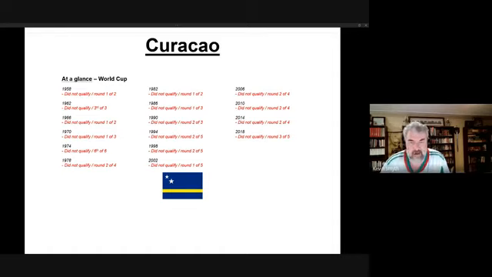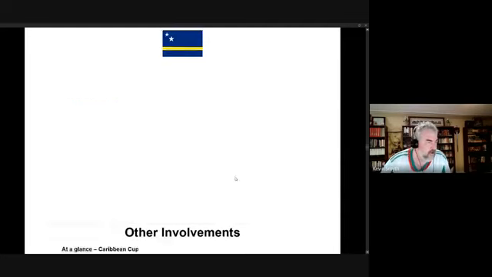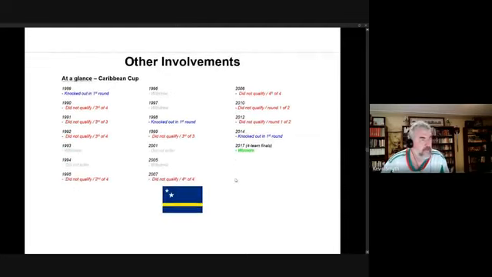They've never missed a World Cup qualification, but they have been inconsistent in regional competition, withdrawing from the Concacaf Championship in 1971 and either not entering or withdrawing from several Gold Cups. Not so much from the Gold Cup, but they were withdrawing from the Caribbean Cup, which was the qualifier for the Gold Cup.